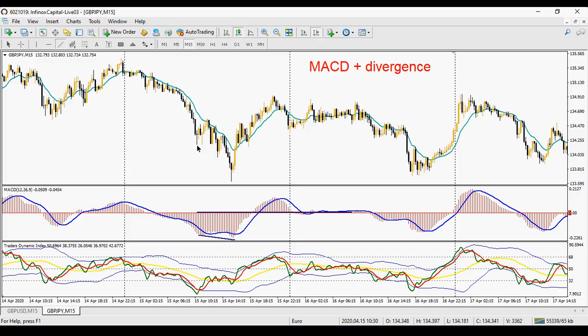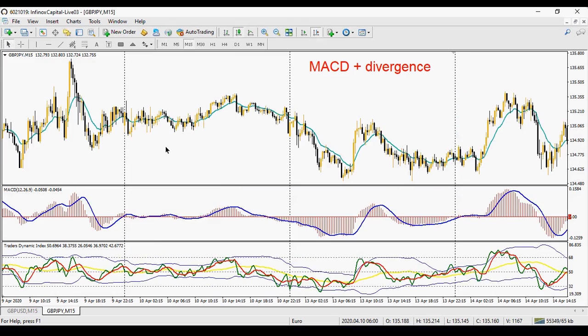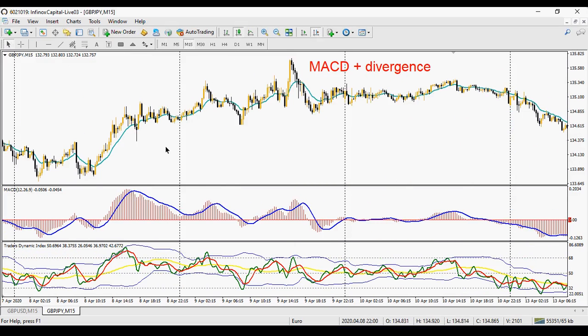MACD was going down, price was going down, but TDI gave you divergence here, which worked fine. There's a divergence here, there's a divergence here. Both MACD and TDI gave us divergence right here.